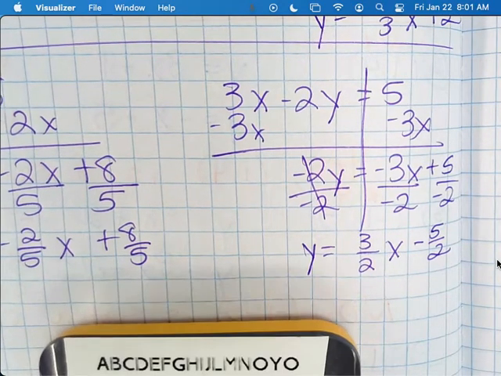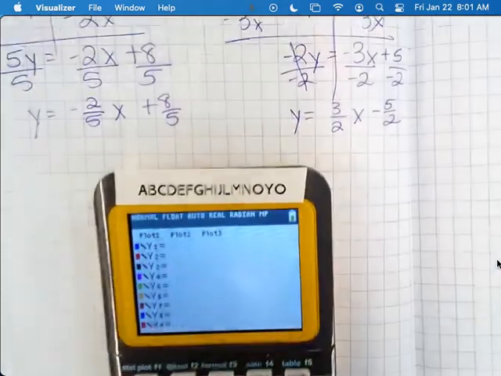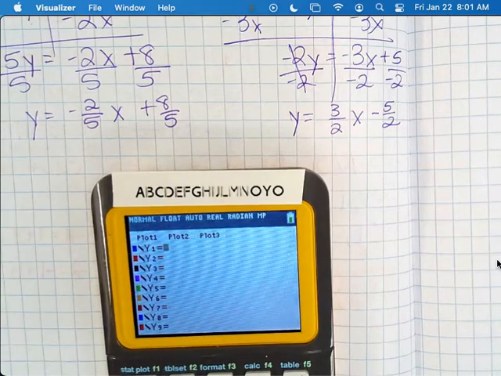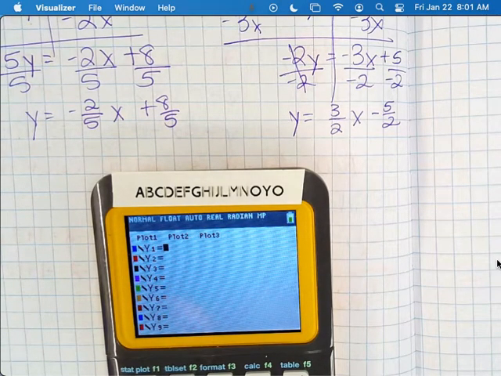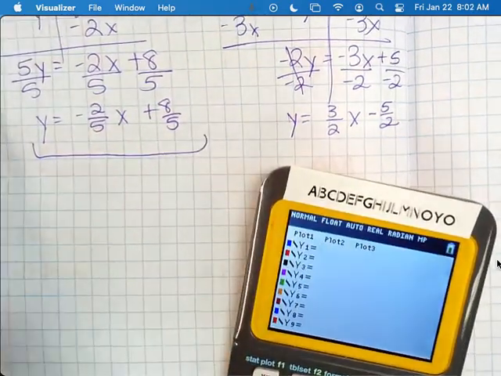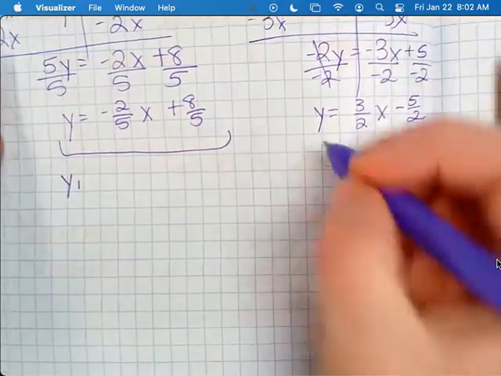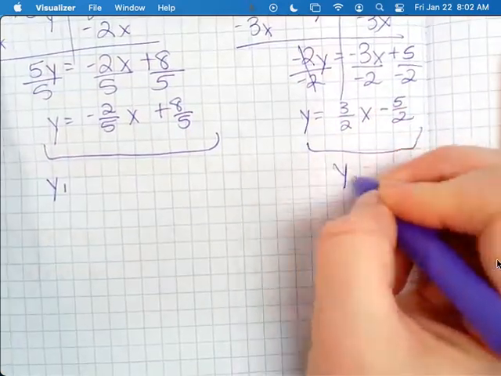So I want you to get your calculator, whether that's on your computer or your actual calculator. We are going to put in y1. And I'm going to write down the steps here. So we're going to put this in y1 and this one into y2.